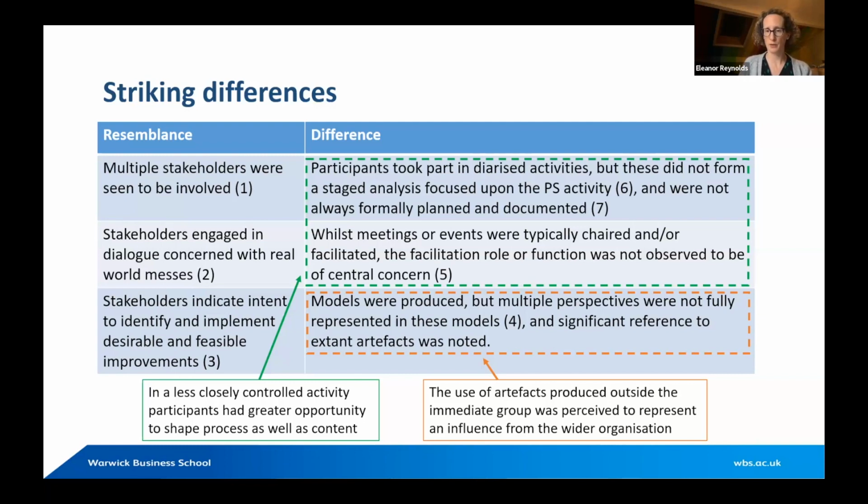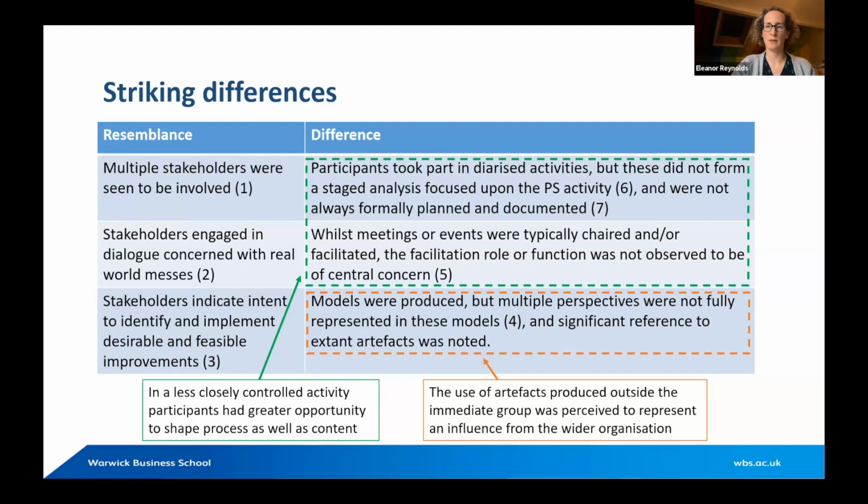And significantly, the use of artifacts that were produced outside of the immediate group was perceived to represent an influence from the wider organisation. So it was not just the immediate group that I was observing who were influencing the course of the problem structuring. It was the people who had produced artifacts that were referenced within that dialogue.